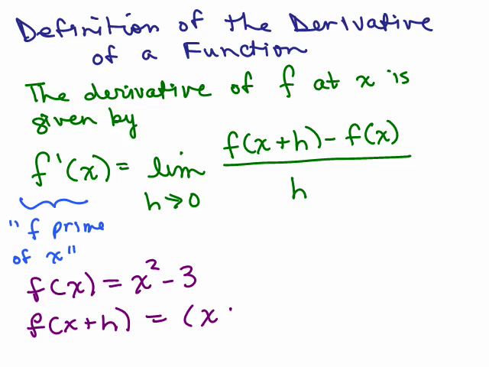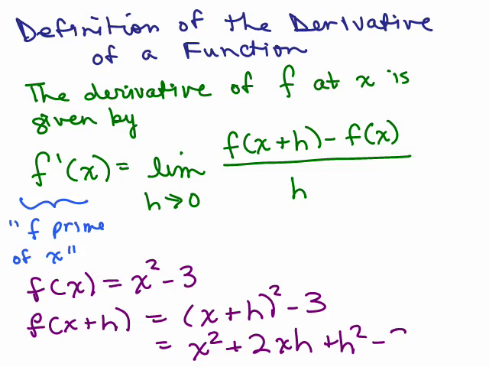So we're going to plug in x plus h for x, and you're going to square the binomial. Remember, it's x plus h times x plus h, so that's x squared plus 2xh plus h squared minus 3.